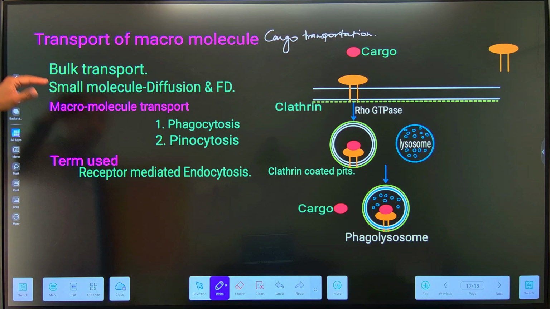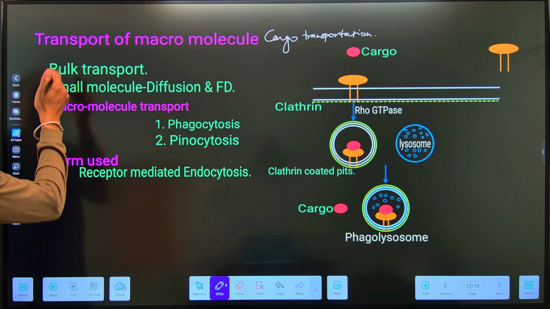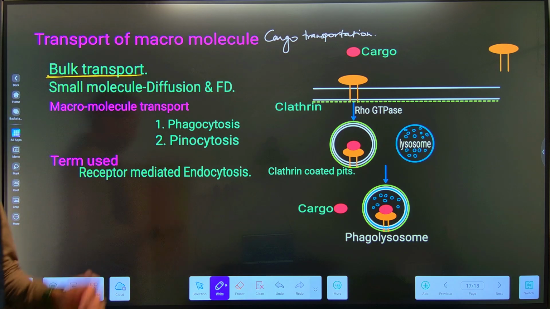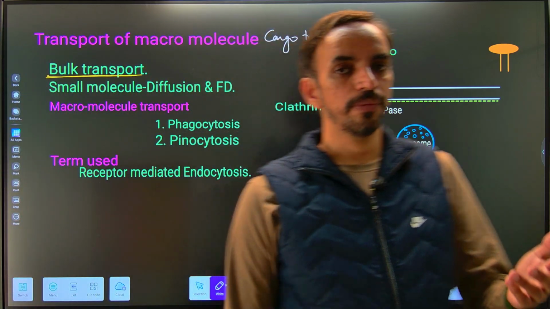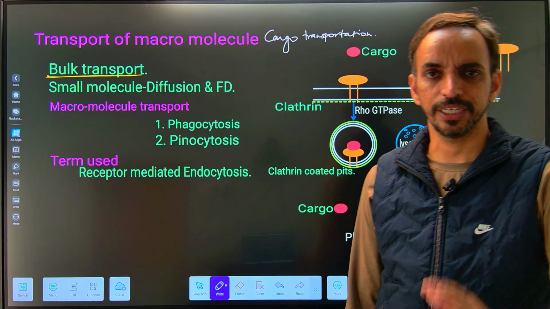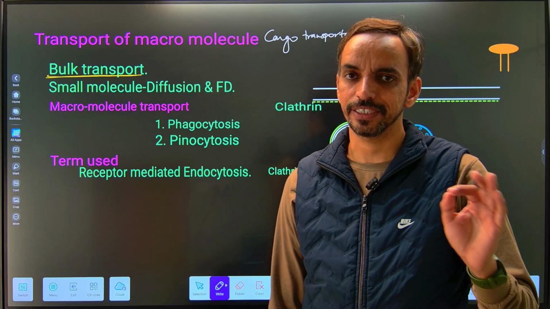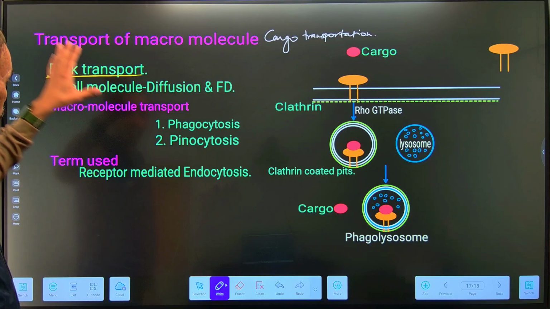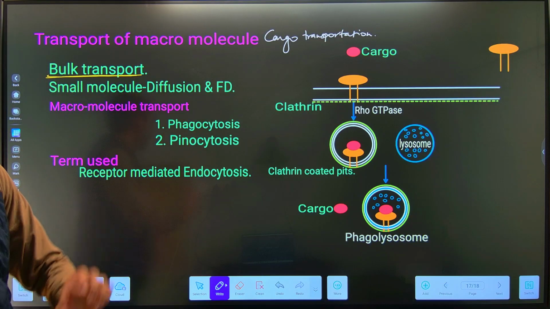In other words, this type of transportation is also known as bulk transport. Now, for transportation of small molecules and charged molecules, we have different types of transporters in the form of channels, carriers, and pumps. But for the transportation of larger molecules, we have a different mechanism.